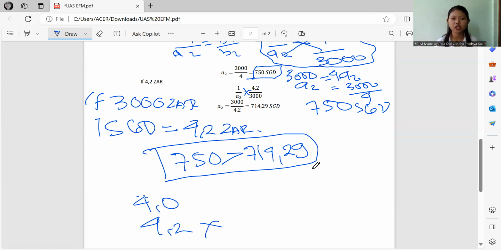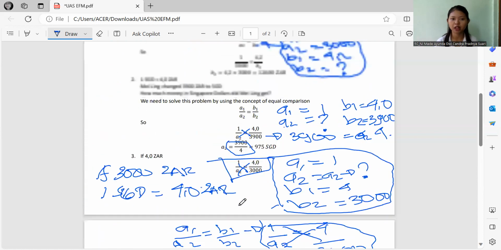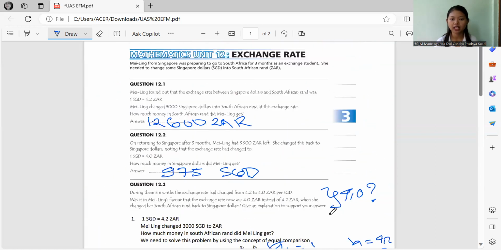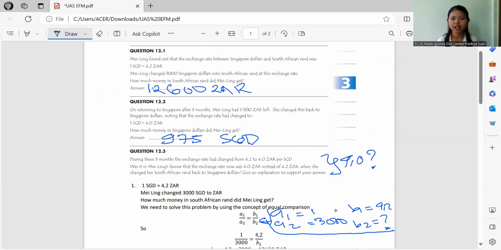So after this example, we know the answer, and the reason why I choose 4.0 to answer question number 3 is because 4.0 is the more preferred for Mei.